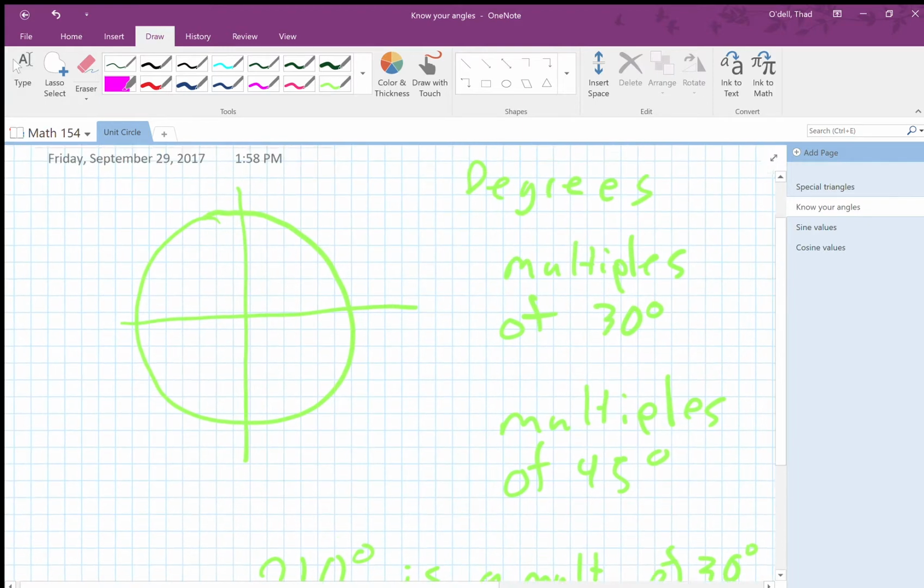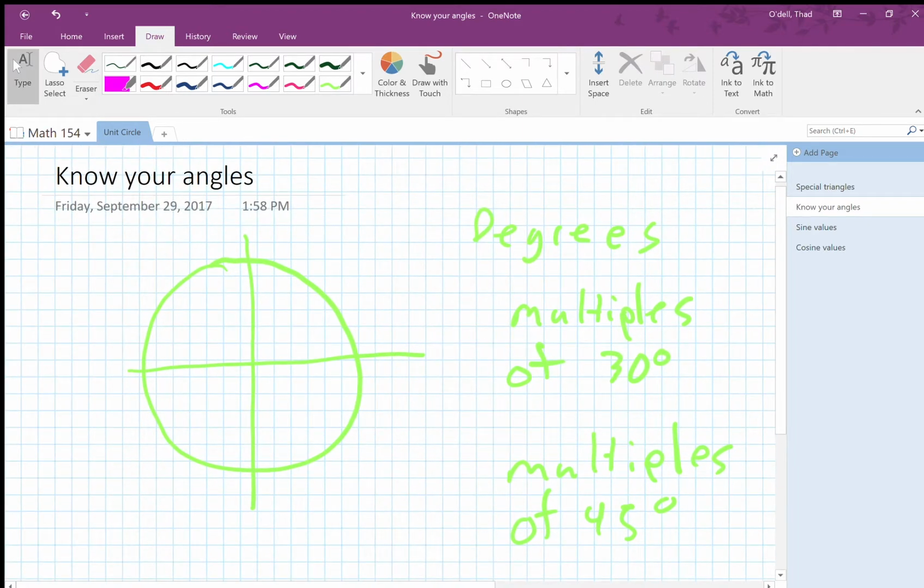Since the whole circle is 360 degrees, if we divide that by 12, we get 30 degrees. That means in each one of the quadrants, we have 3 partitions of 30 degrees.